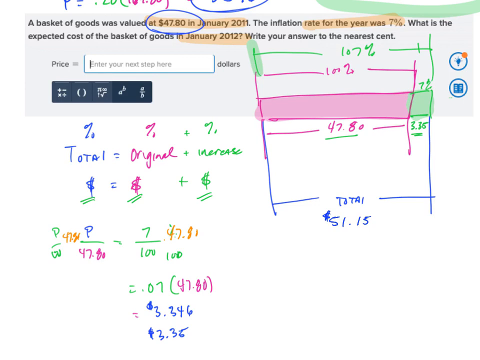If we would have said, well, we're going to have 107%, now I'm going to use this percent equation. My total is going to equal my percent, which is 107%, so 107 over 100 times the original, which was 47.80.